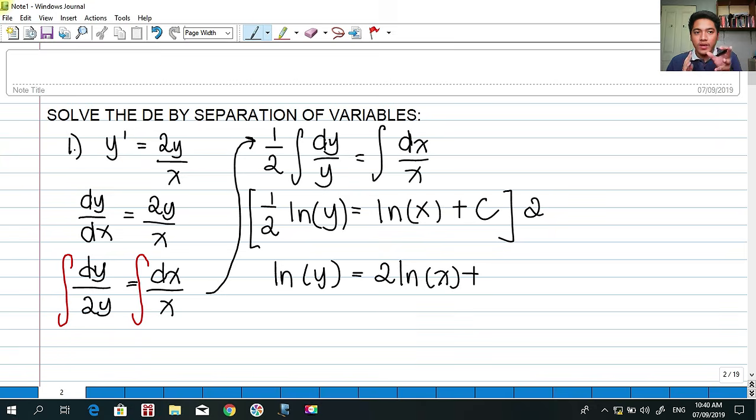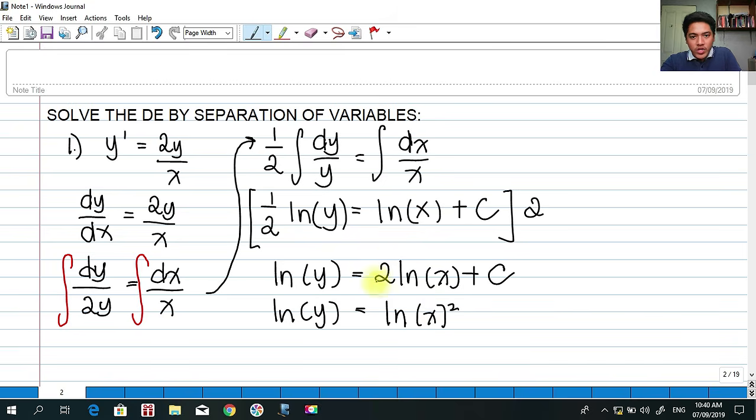Remember here in DE, twice a constant can still be labeled as c, because twice the constant is still a constant. And we know, class, that by the properties of logarithm, 2 ln x can be written as ln of x squared.